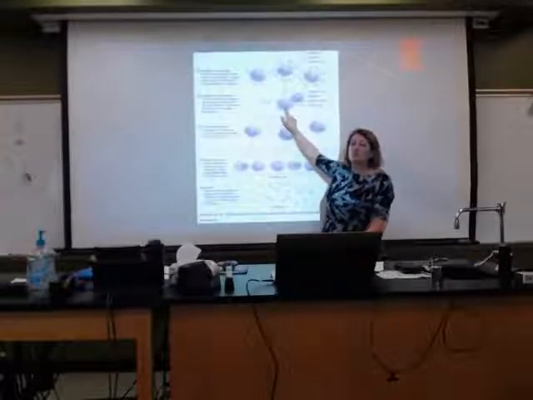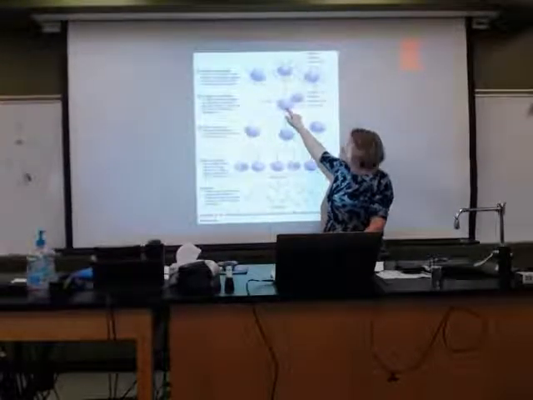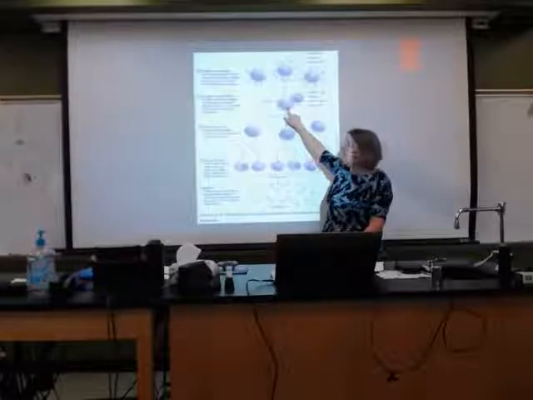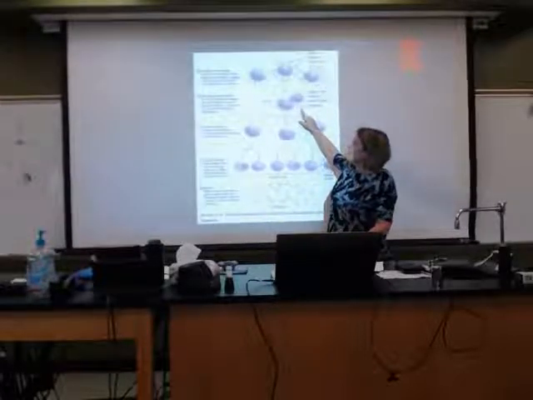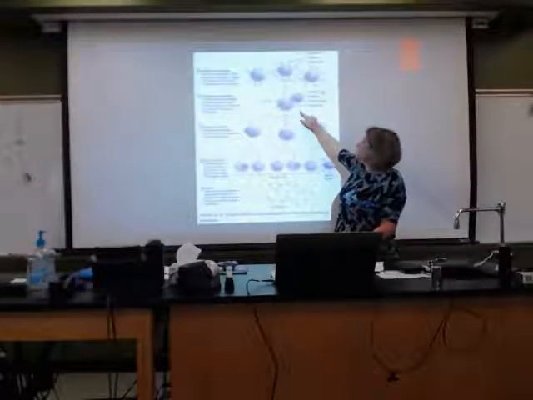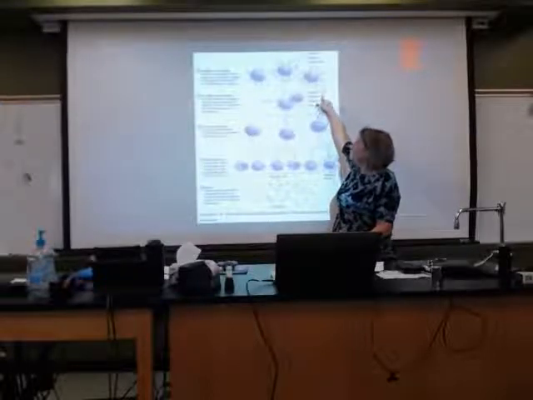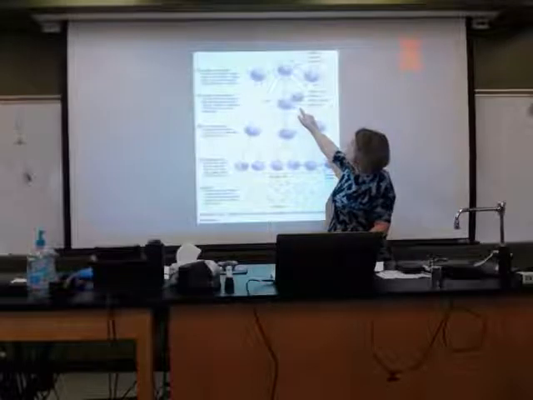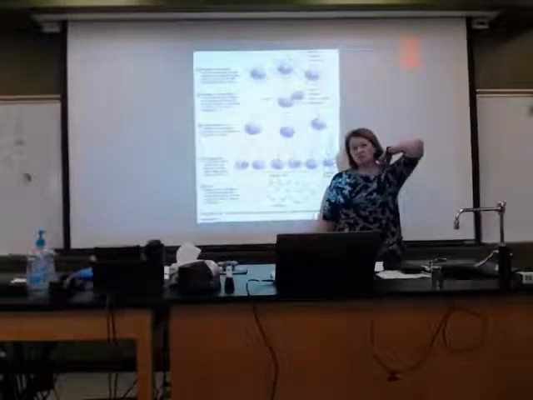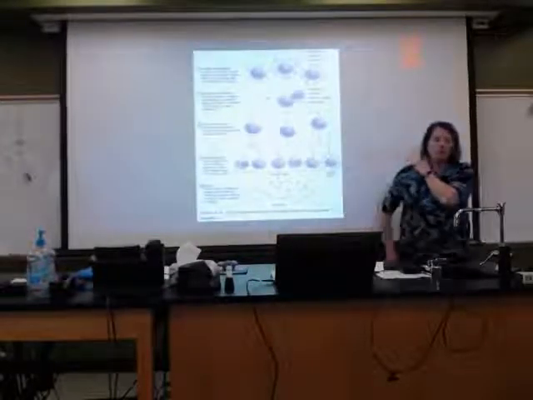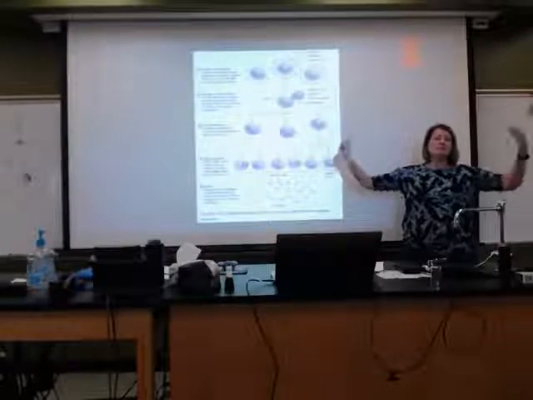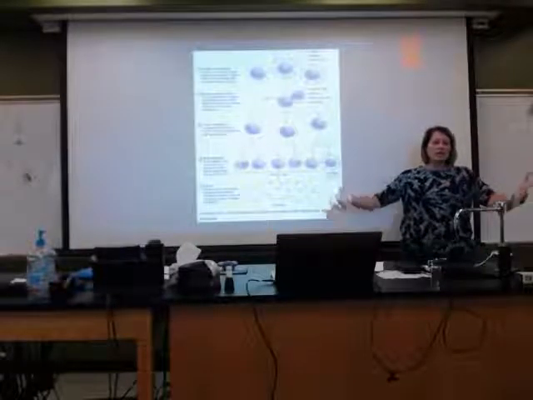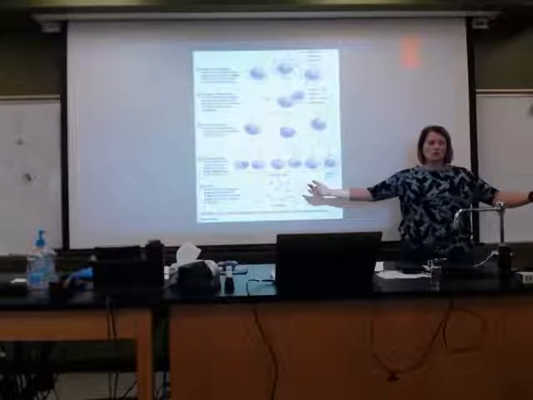Now that this B cell has recognized the antigen, basically we're going to find that when the helper T cell binds to it, it secretes interleukins, which are ways to talk to the other cells.